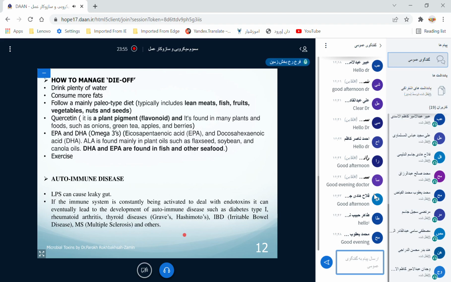So first, we should try not to be infected. Some people who live properly have fewer infections during life.